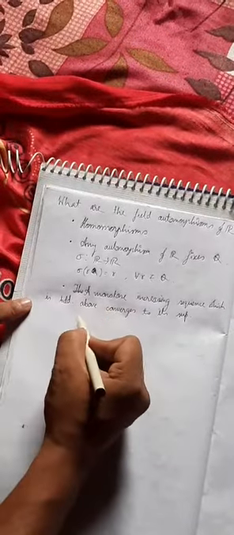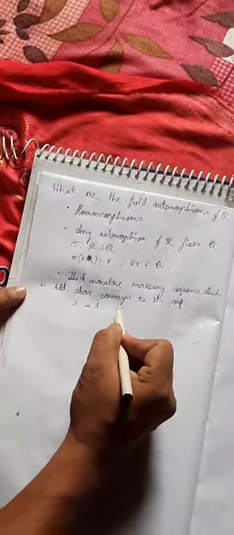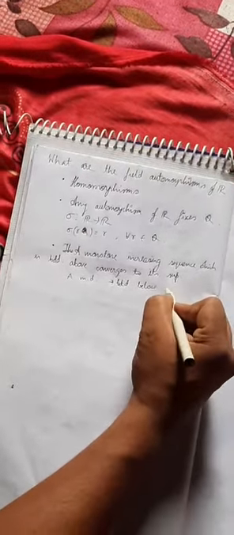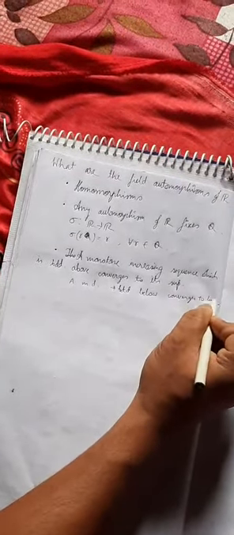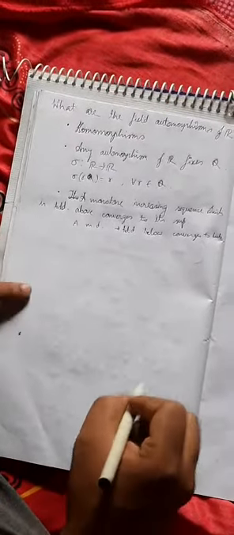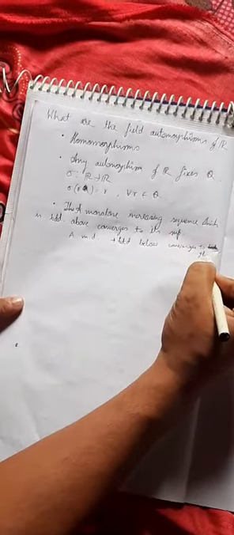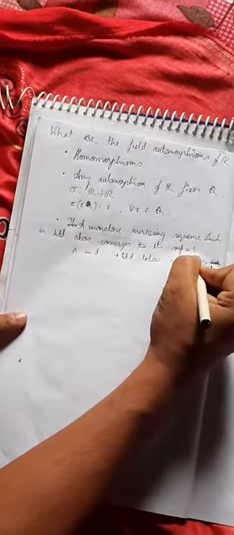Similarly, a monotone decreasing sequence which is bounded below will converge to its lower bound, the greatest lower bound, GLB. Sorry, this is the infimum, and the other is the upper bound, LUB, right?